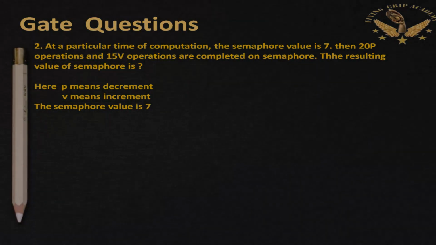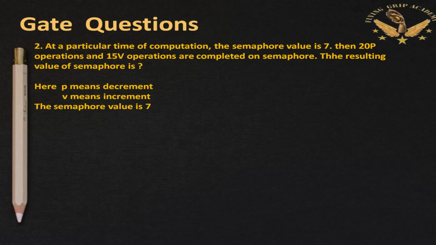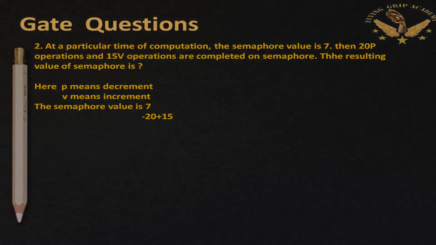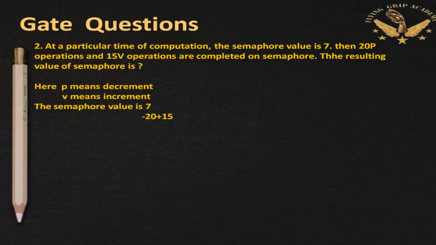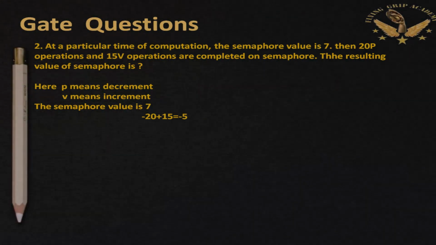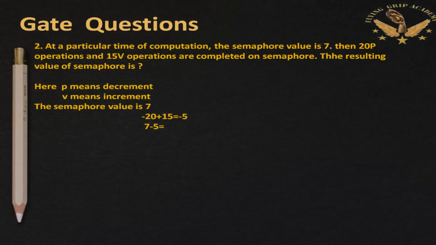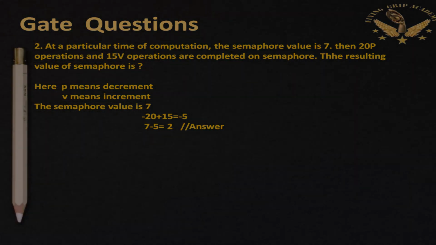P means decrement, so 20 times we decrement, and 15 times we increment the value of the semaphore. So decrement means minus 20 and plus 15, which results in minus 5. The initial value of the semaphore is 7, so 7 minus 5 results in 2. So this is the answer.